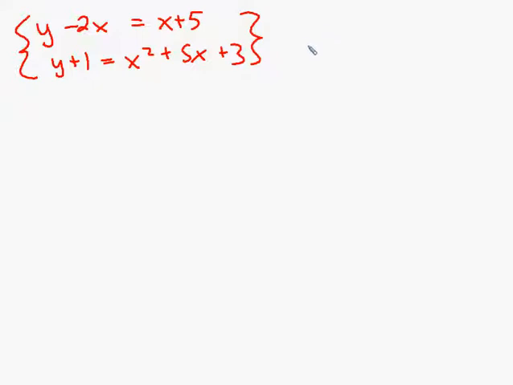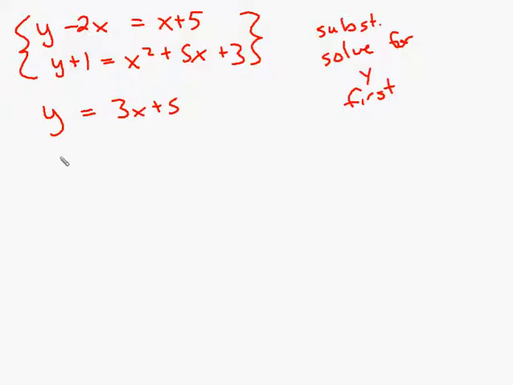In this case, I am going to use substitution. Yeah, I'm going to solve for y first. Okay, so I'll add that 2x, and I get 3x plus 5. And I'll subtract that 1, and I get x squared plus 5x plus 2.